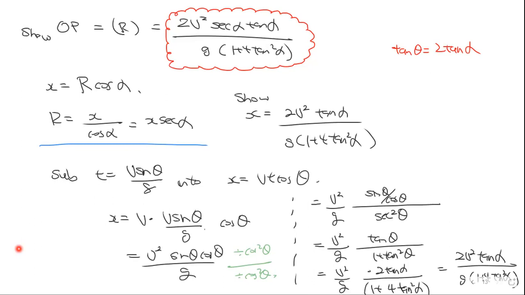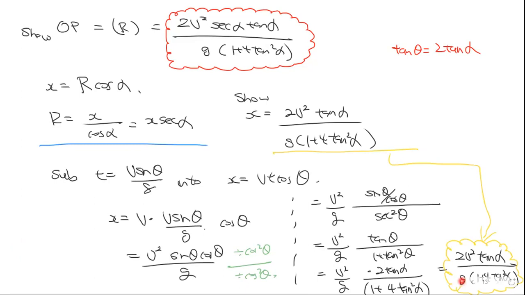So if you compare what I've got here in yellow to what I said up here, you can see that they match perfectly. We've shown x equals 2v squared tan alpha over g, 1 plus 4 tan squared alpha.